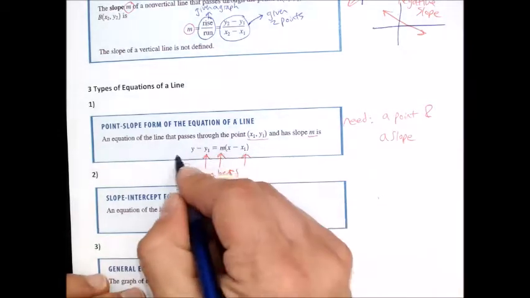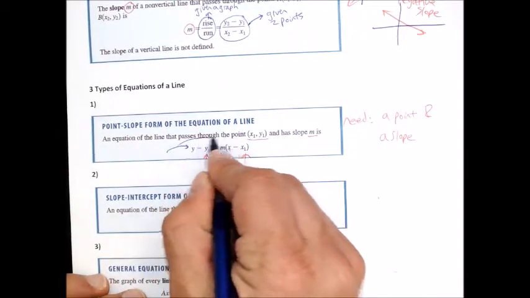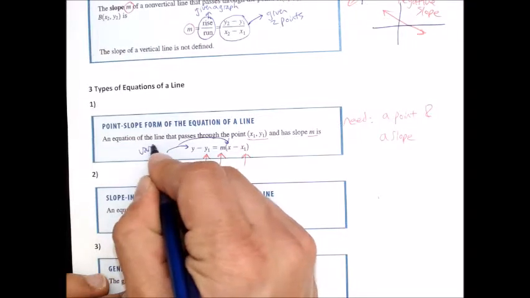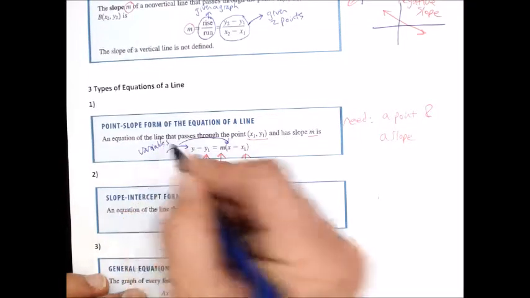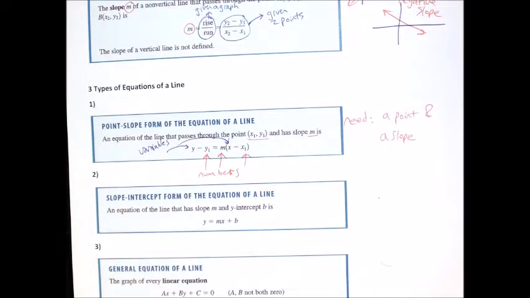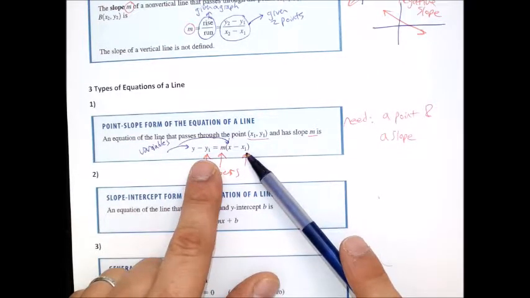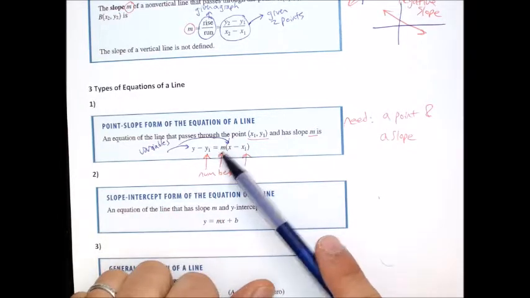So the y and the x here are going to be variables. That one's super easy. If you have a point and a slope, you just put them right into the positions you need them: the single point right there, the slope right there, and that's it.